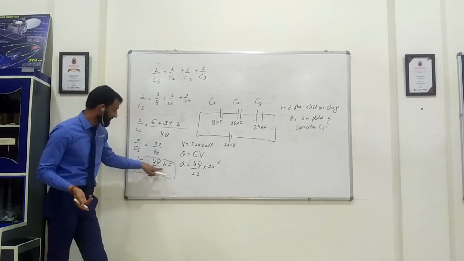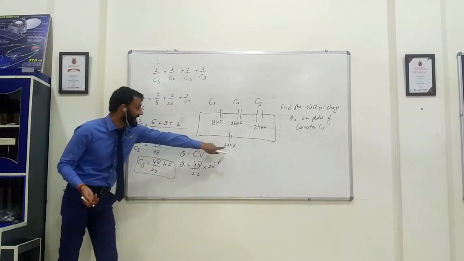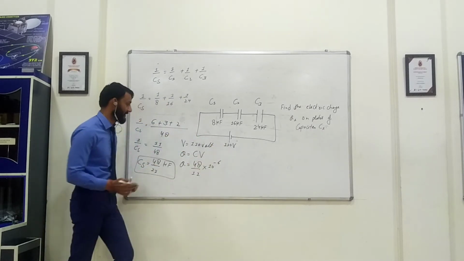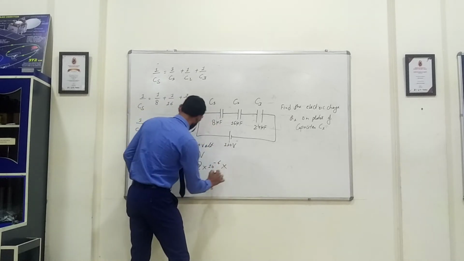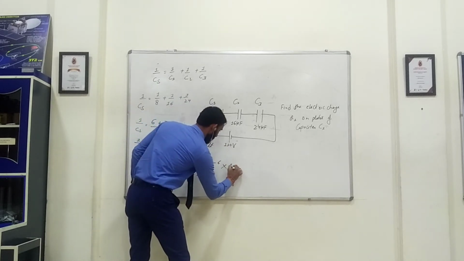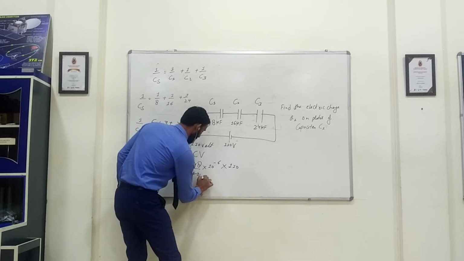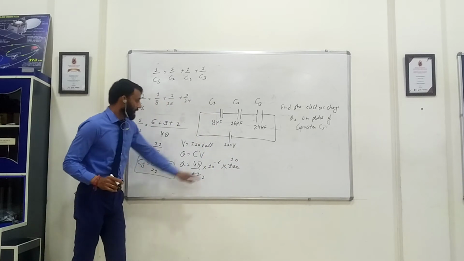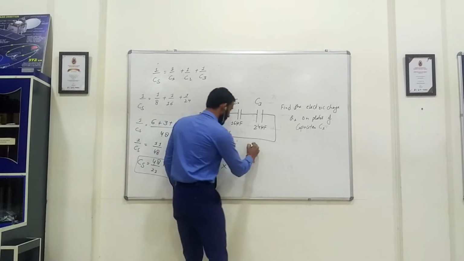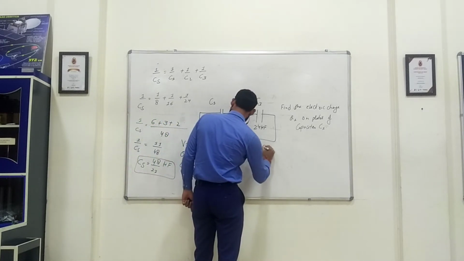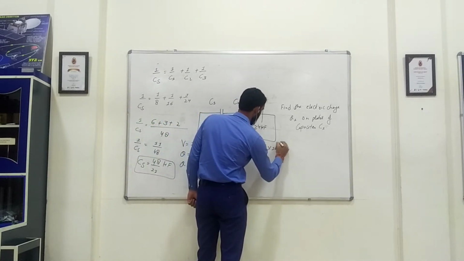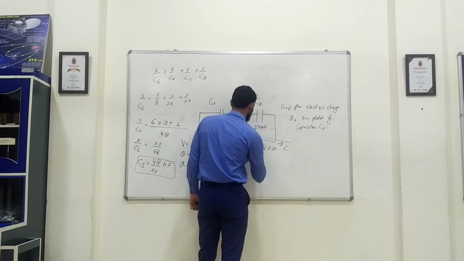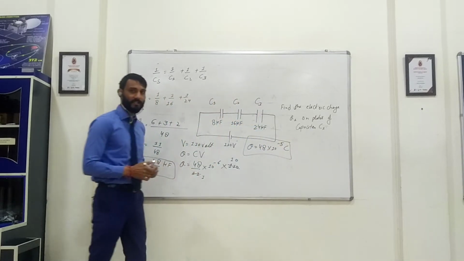Why minus 6? Because this is micro and this is the SI unit. So therefore this will come into 110, this 11 goes 10 times. So 48 into 10 to the power minus 5 coulomb will be the charge.